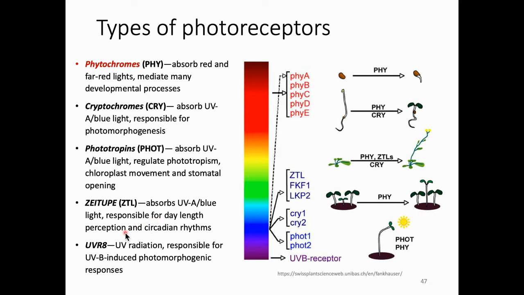Apart from day length perception, cytlope is also responsible for circadian rhythm. Circadian rhythm is the rhythm of the day, to which all living organisms, from plants to bacteria and fungi, respond. It is the rhythm of the day and night cycle.